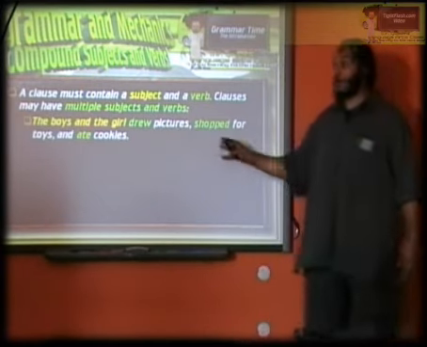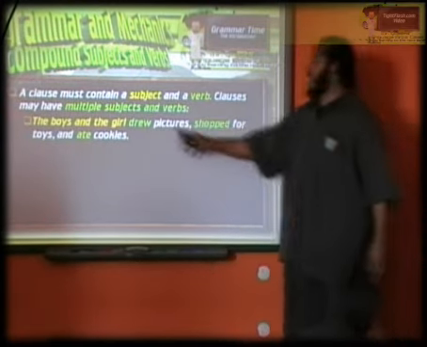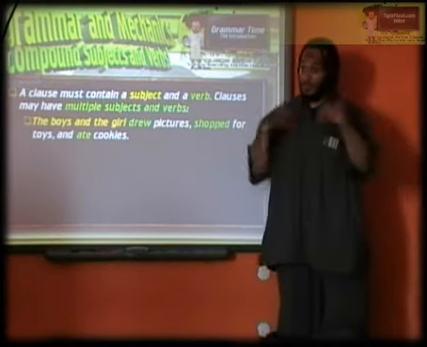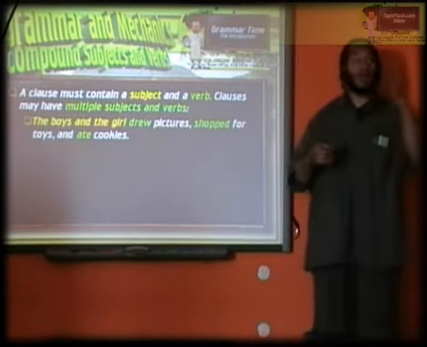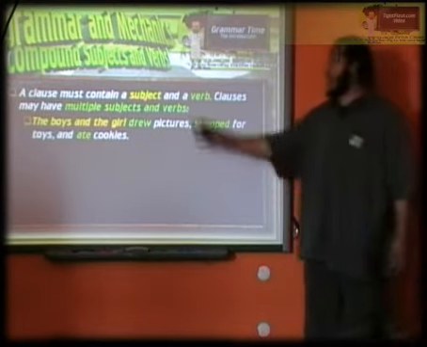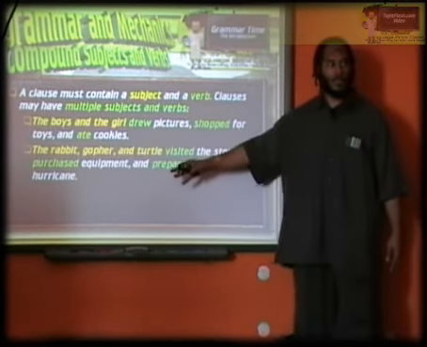And we have one predicate. It's called a compound predicate. It has 1, 2, 3 verbs. So we're still keeping with what we said, that a clause has one subject and one predicate. So that is one clause. You were right. Let's look at another example.